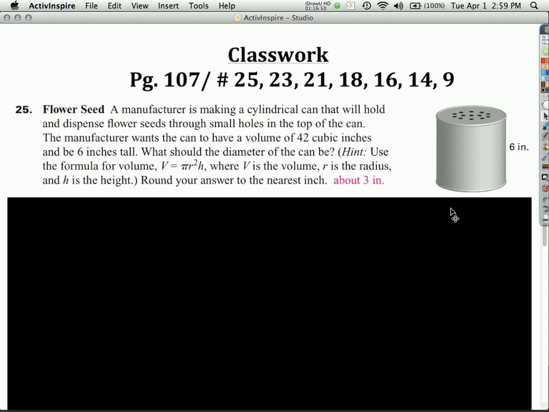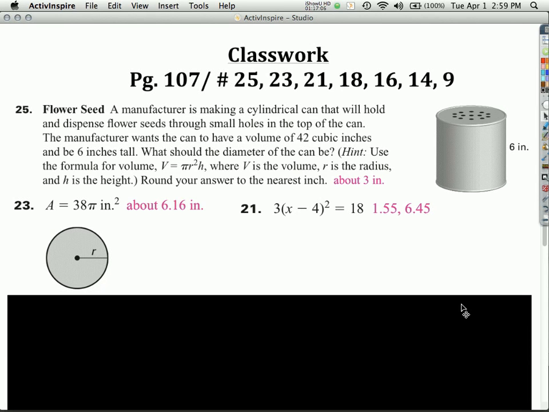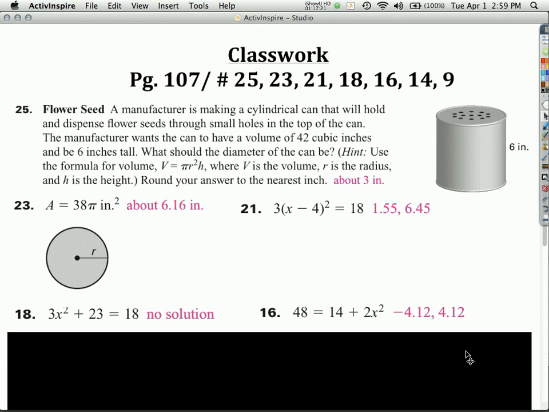Number 25 comes out to approximately 3 inches. As long as you wrote anything close to 3, I will accept it. All right, number 23 comes out to approximately 6.16 inches. 21 comes out to 2 solutions, 1.55 and 6.45.